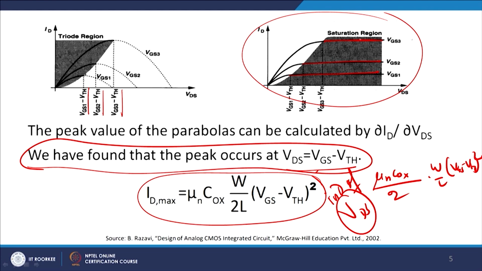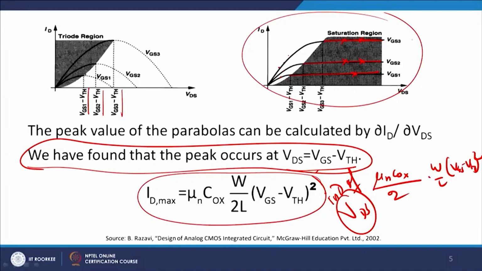At this point the device behaves as a constant current source, and at this point it starts to behave like a resistor, and the value of resistance will go on changing as you move from this to this to this. So, the higher the overdrive, the lower is the resistance, because with more overdrive there is more charge and less resistance.